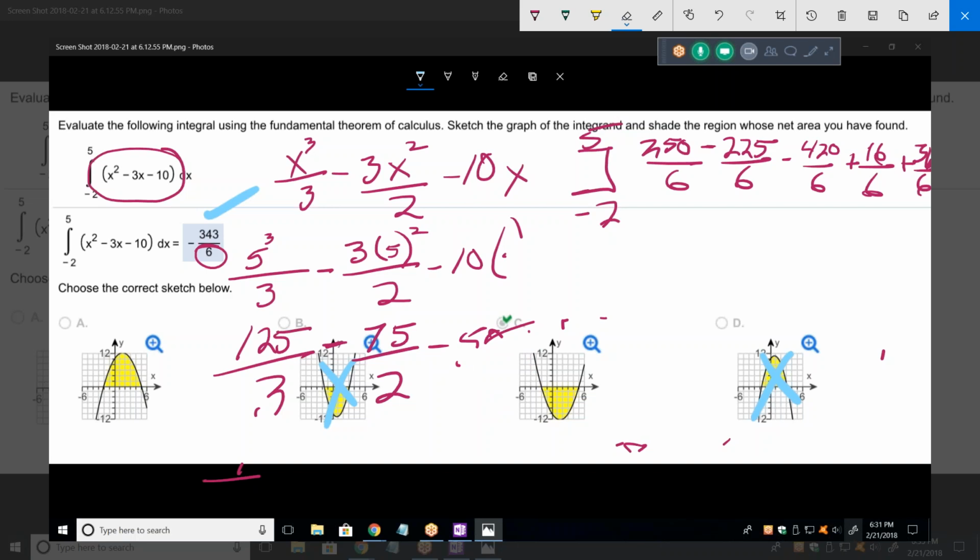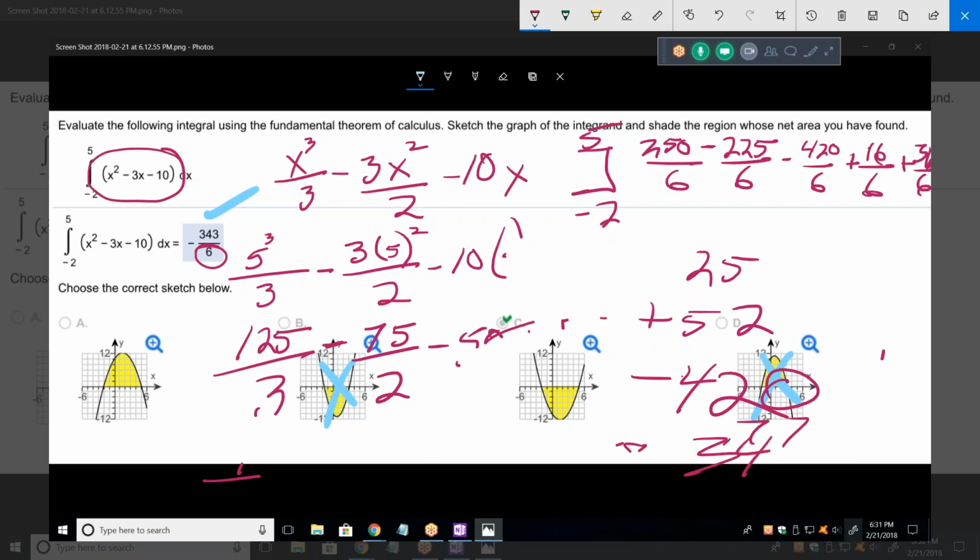We got 25 sixths plus 52, that's 25 plus 52 minus 420, so that is 77, and I get negative 343 sixths. And my answer agrees with yours. All right.